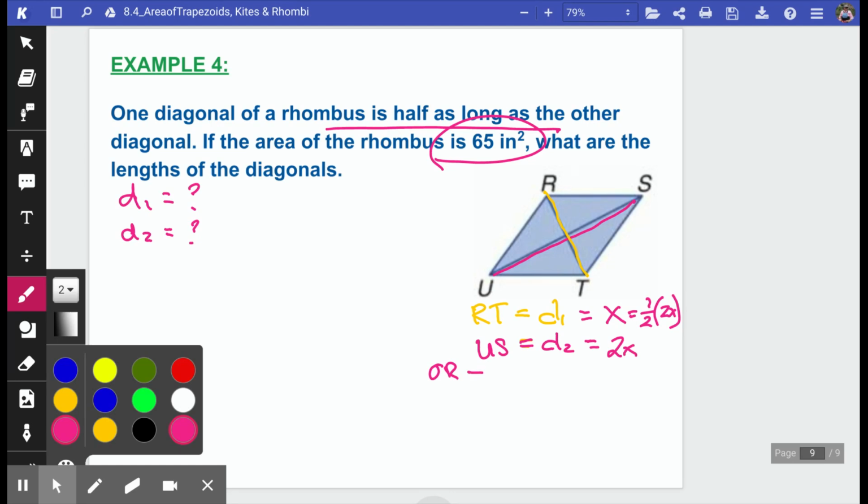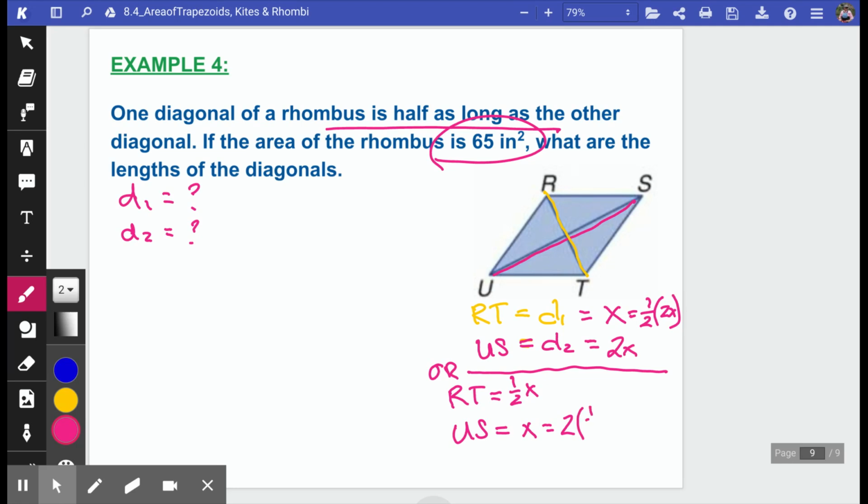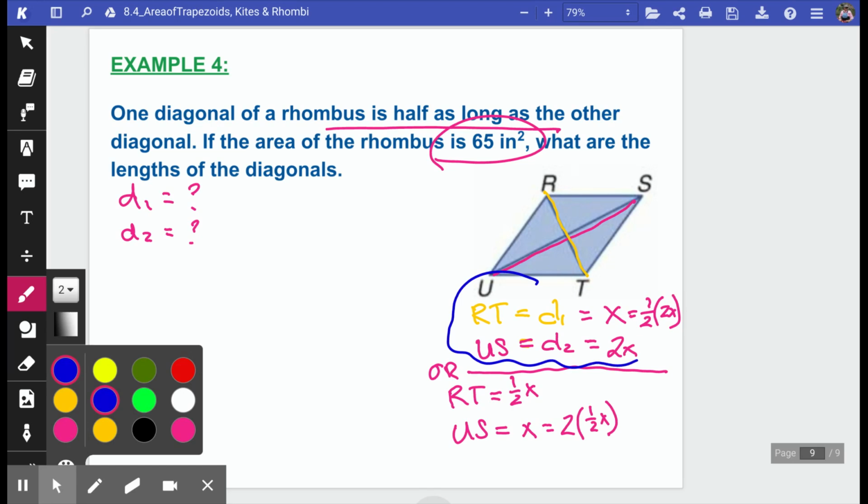Or we could look at it this way, that if we call US x, then RT is 1/2 of x. And if we think about it this way, if I did 2 times 1/2, wouldn't I get x? So thinking about that mathematical reasoning and those connections between those fractions, I personally like to use this, okay?